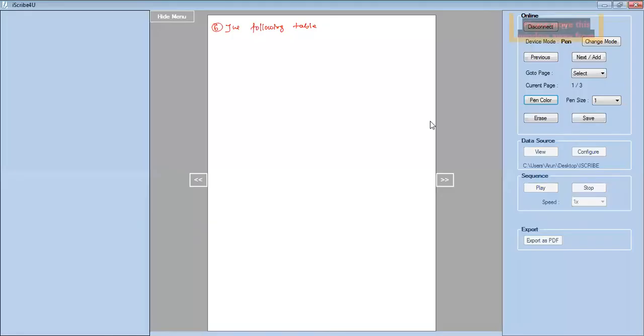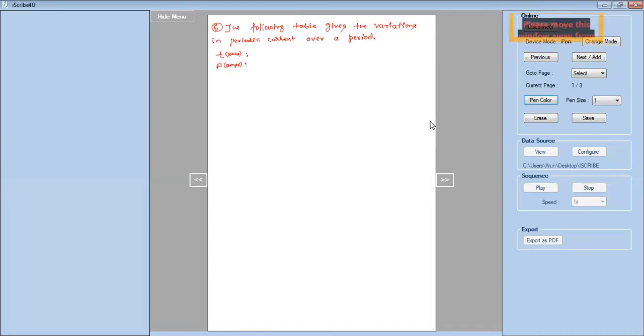See, sixth one: the following table gives the variations in periodic current over a period. I'll just write t seconds, and this is A amperes.